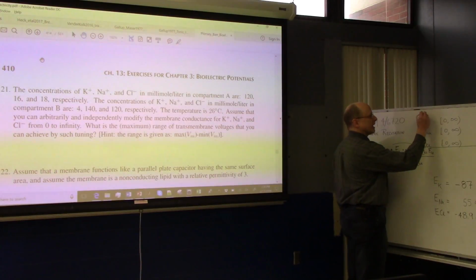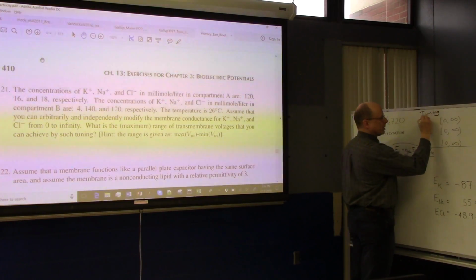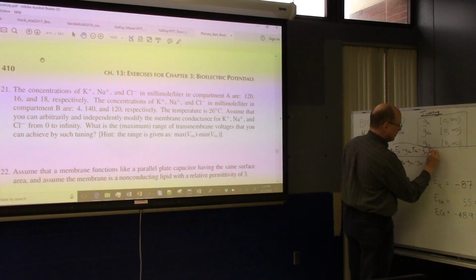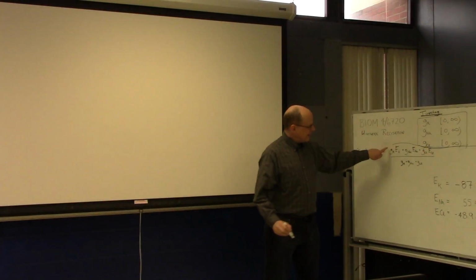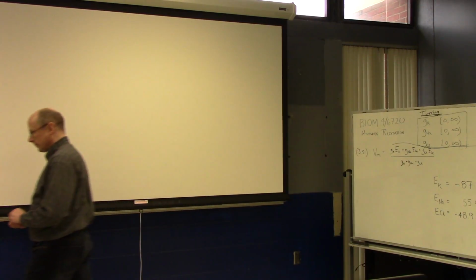What is the maximum range of transmembrane voltages that you can achieve by such a tuning? It says a tuning, as I can set these to be anything I want within these ranges. So if I want this V of M to be maximum, what would I have to do?